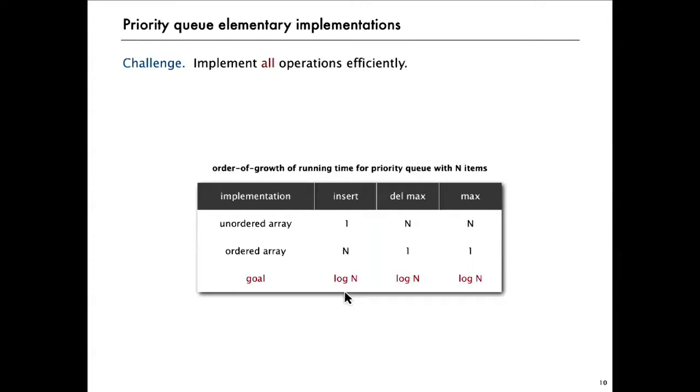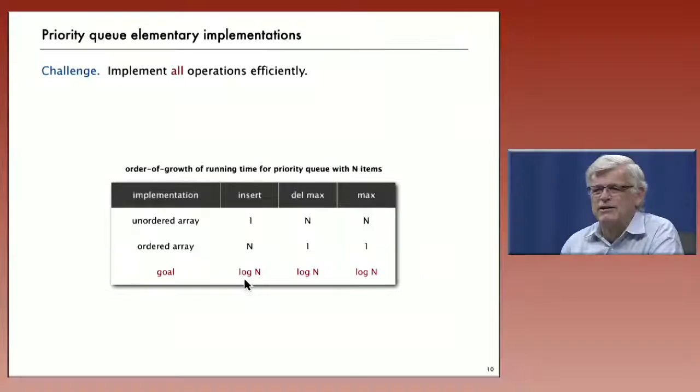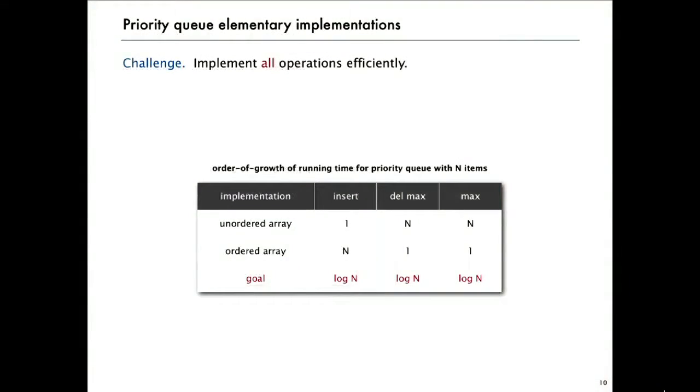Whereas what we can hope for and what we actually will achieve is to get time proportional to log N for all operations. With a clever data structure and interesting implementation, we can actually achieve that goal. That's the basic API and some elementary implementations for priority queues.